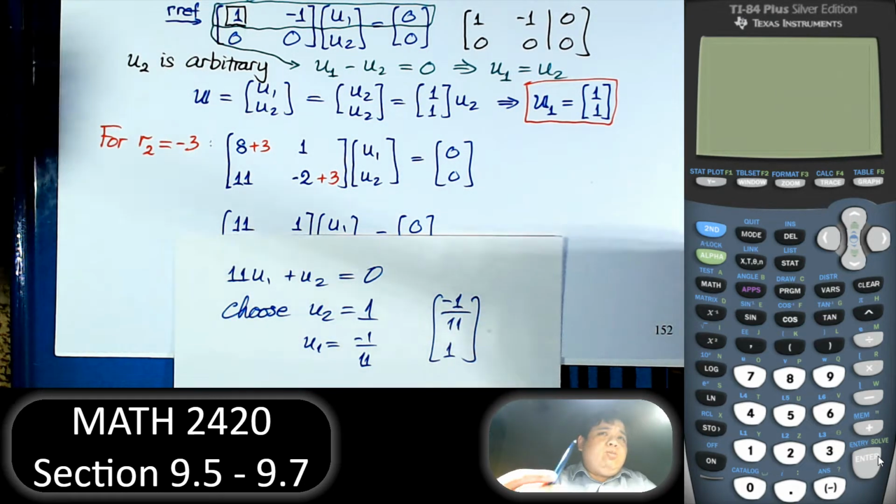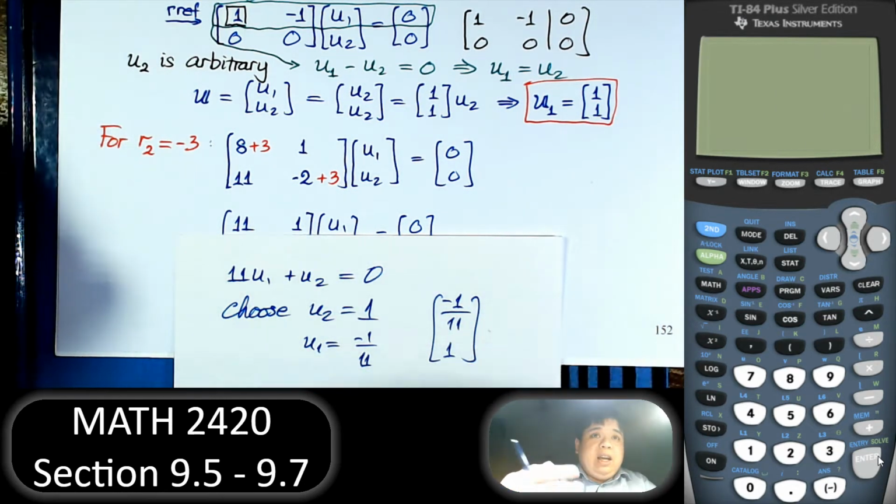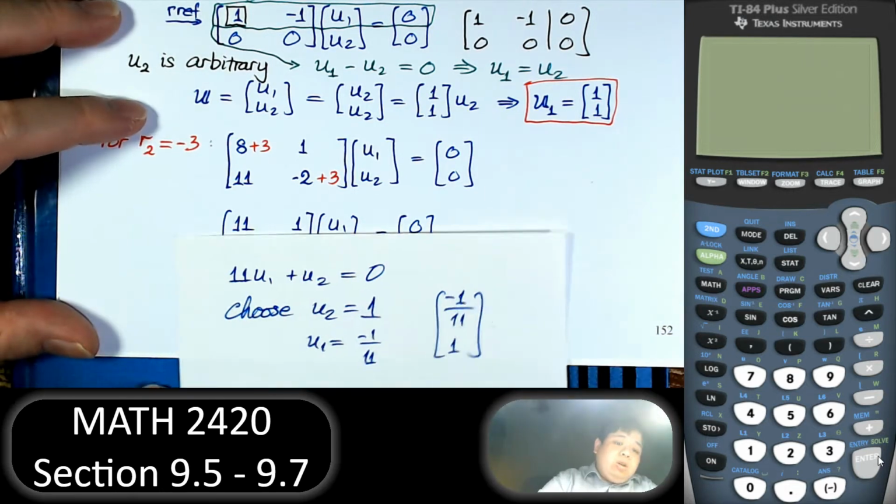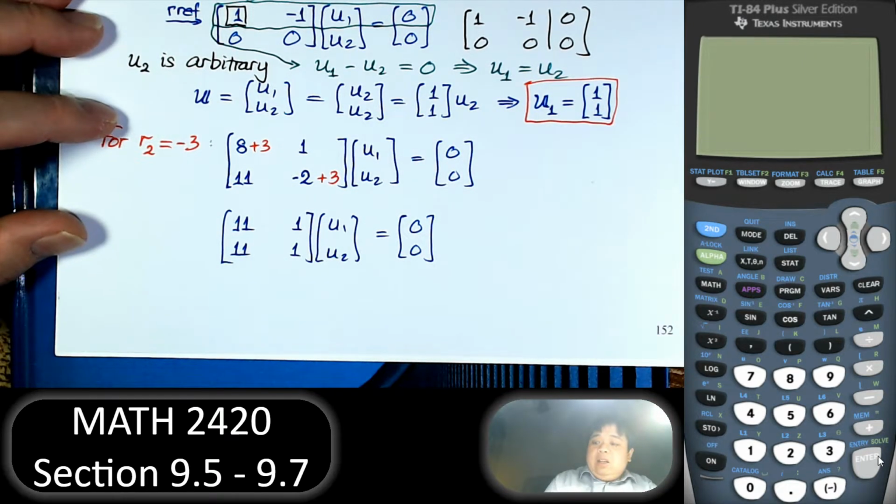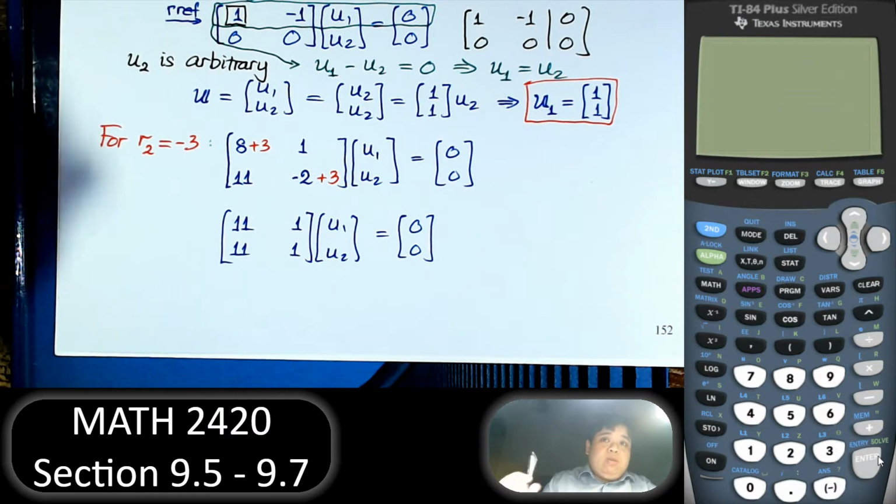Now, sometimes we have 3 by 3 and higher matrices. So usually I will rewrite this and use the reduced row echelon form just to simplify it.